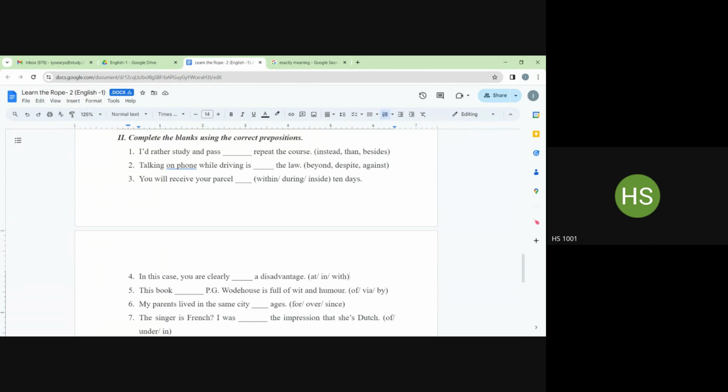These are the ones that people get wrong more often than not. So let's look at this. We'll start off with the first question. I'd rather study and pass dash repeat the course, and in the brackets you have the options: instead, than, besides.